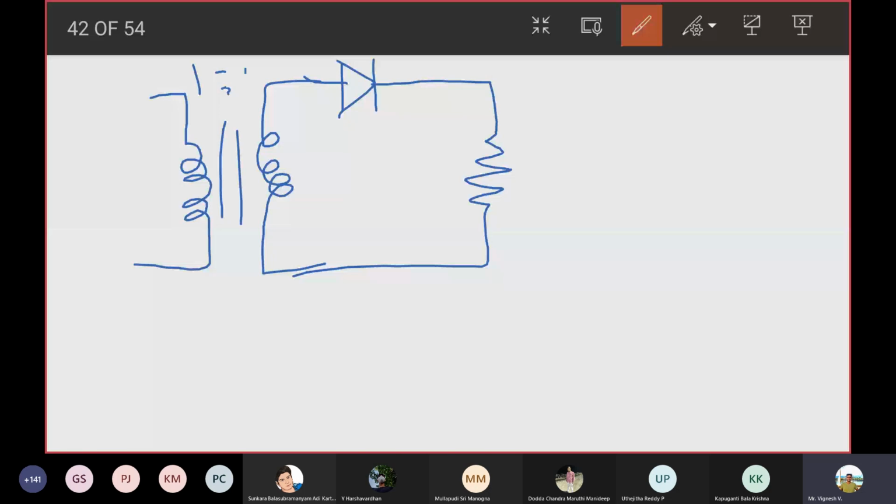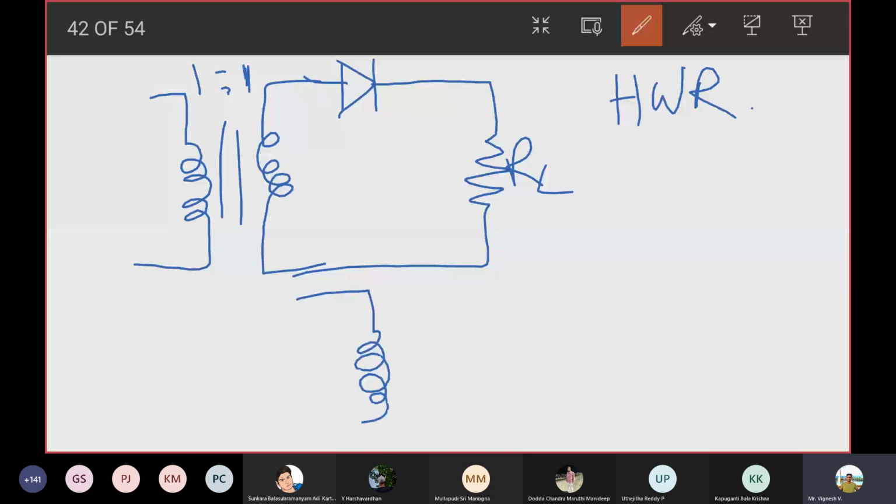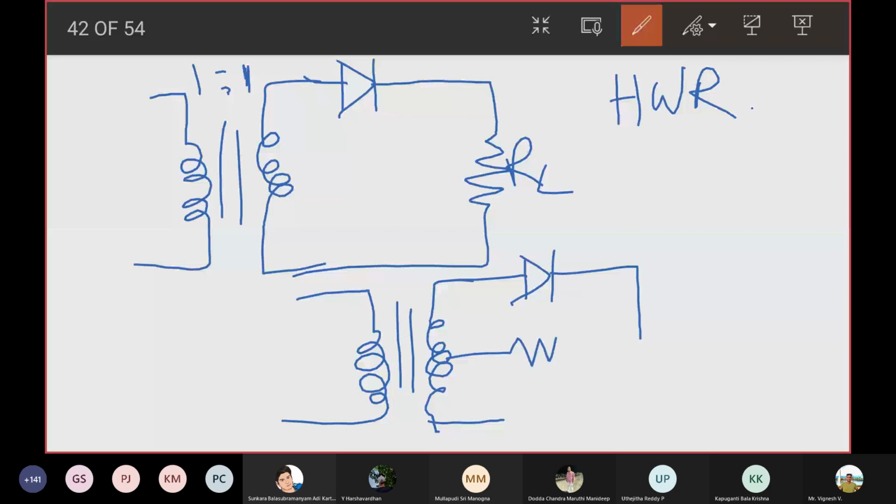So let me compare apples with apples, okay? So if this is RL, which circuit is this? Can you tell me? This is a half wave rectifier circuit, okay? Now if I use the same turns ratio for a center tap full wave rectifier as 1:1, what is the problem that you can see, or what is the disadvantage of a center tap full wave rectifier?